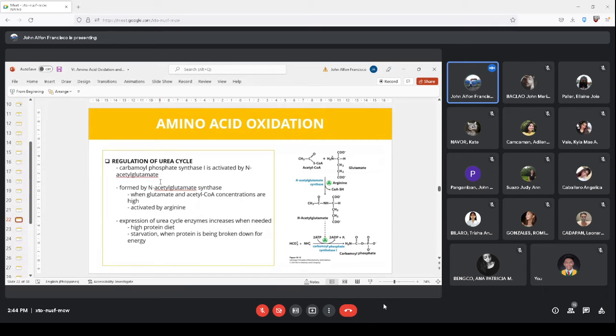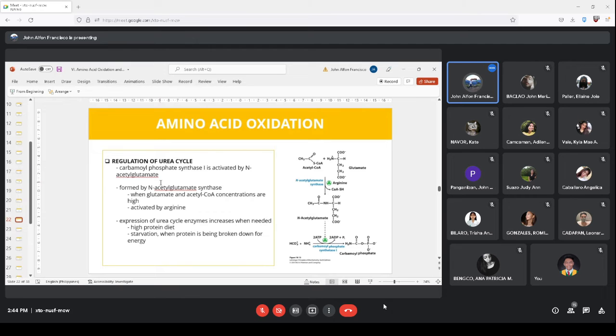This is also the reason why sometimes the duration of urine excretion is long, or sometimes it is short. It depends on the amino acid content or amino acid requirement of your body. Okay?